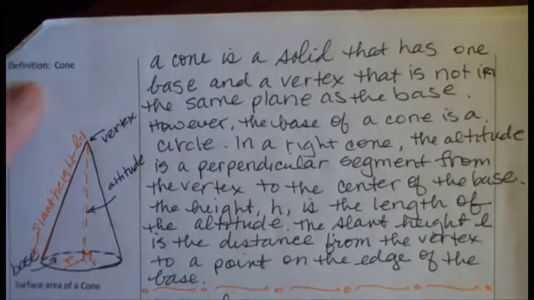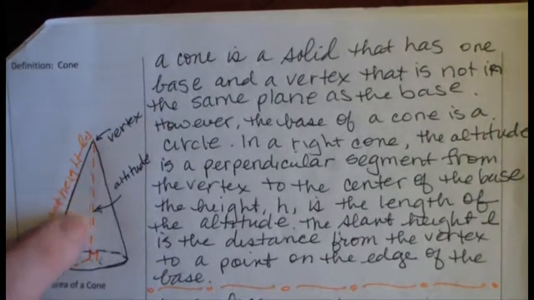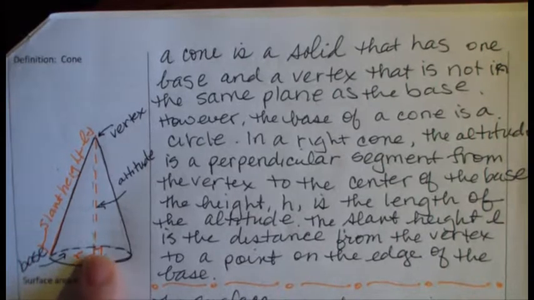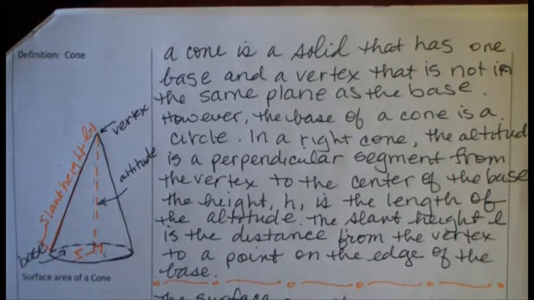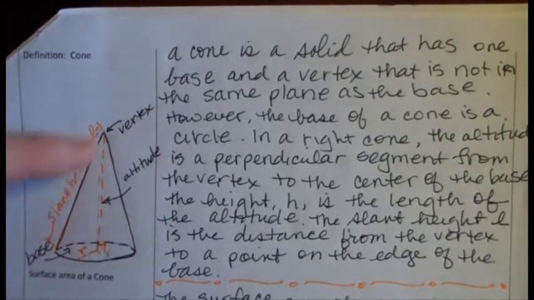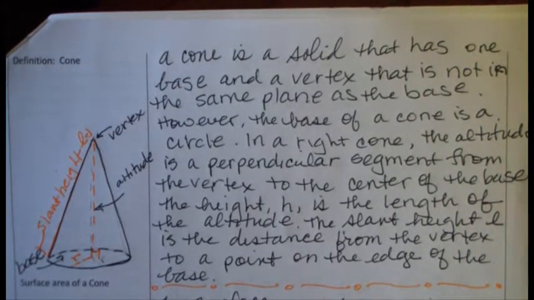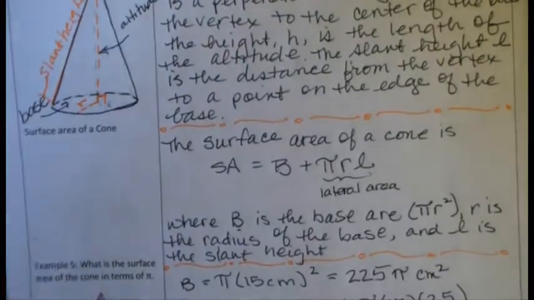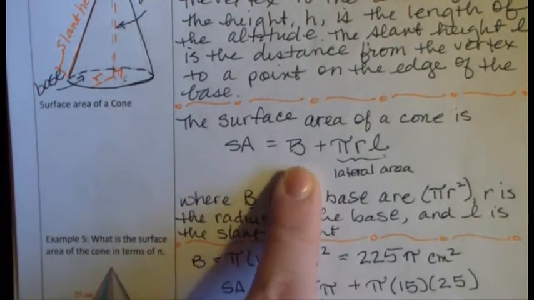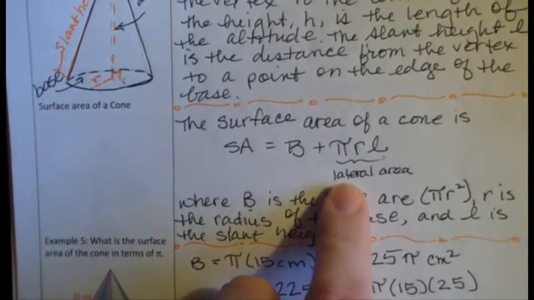And so here we've got a cone. Our base is a circle. Since our altitude goes to the center of our base, we can figure out what our radius is for our base. H is the length of our altitude, and L is the length of basically the surface of your cone. So our surface area formula for a cone is B, base area, plus pi RL, and that pi RL is our lateral area.